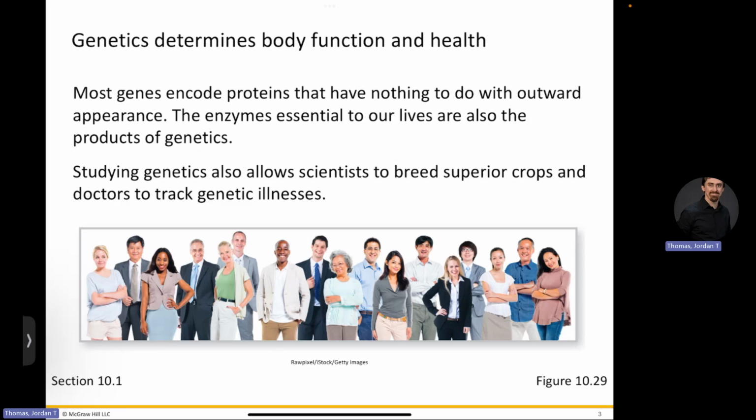You might have heard in terms of food, genetically modified organisms such as fruit. So we can use genes and inheritance laws to make genetically modified fruit. Genetics also can be used to track genetic illnesses. Genetics has a wide variety of uses because genes encode for special proteins, all the proteins in our body. With that, we can check our health, check our appearance, and see what could be passed through to our offspring.